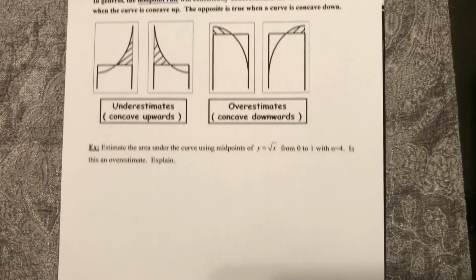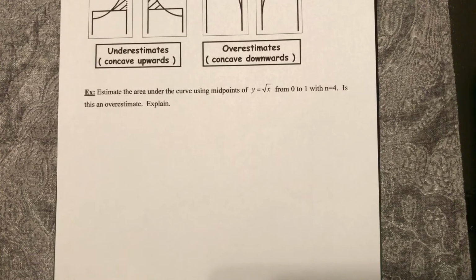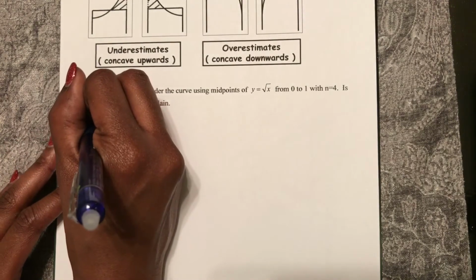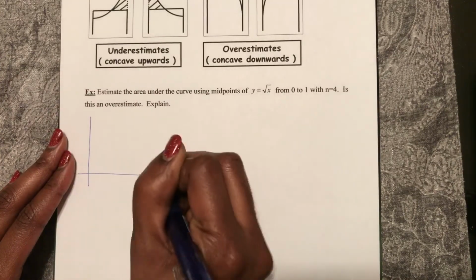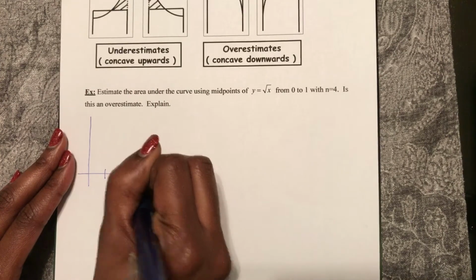So let's go ahead and estimate the area under our same curve from 0 to 1 with 4 rectangles. But now we're using midpoints, and is this an overestimate? Explain. So first, we can go ahead and sketch if we like. Once again, our curve, 1, 2, 3, 4.